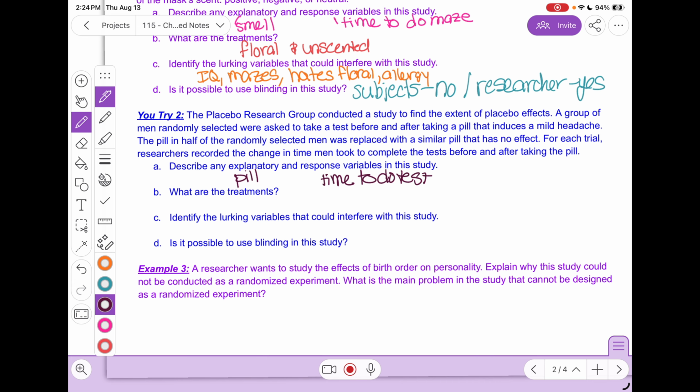And then the treatments would be a pill that causes headache, and then the placebo.